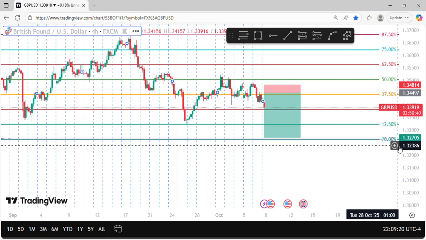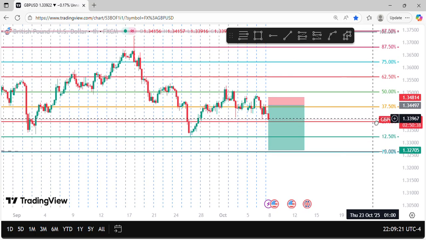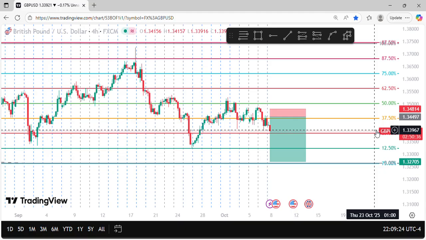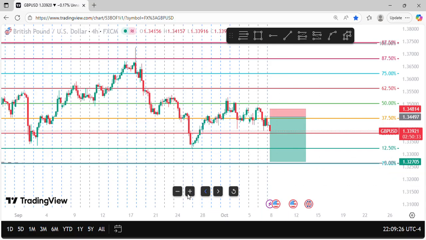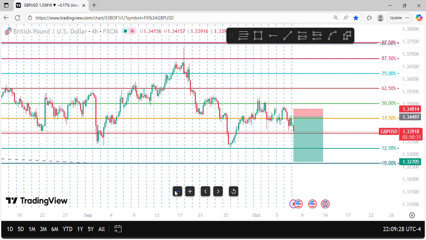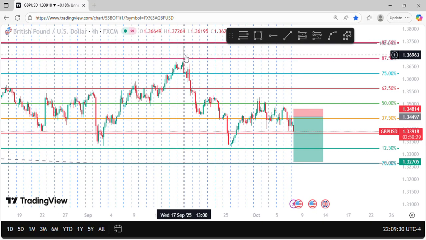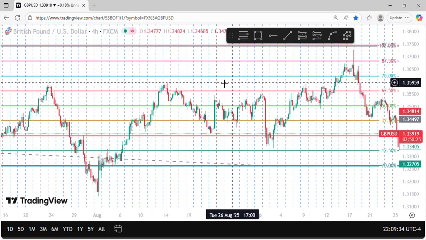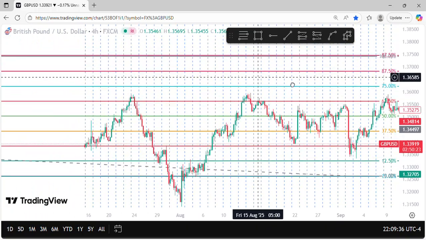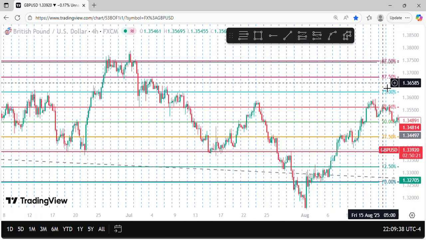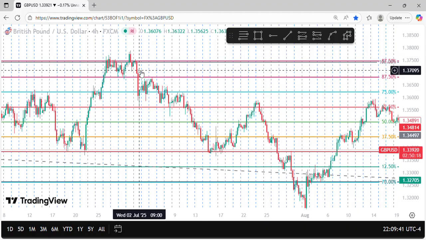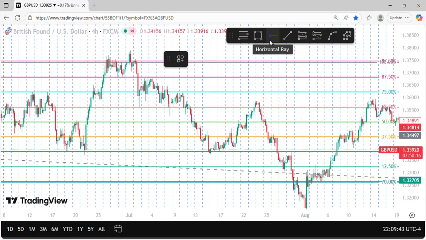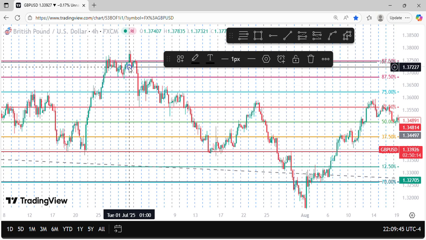Inside of the 4-hour, things become a lot clearer, if I should put it that way. So this is where the order block was, as you can see from the daily. This is where price was rejected from, so we can mark that out.